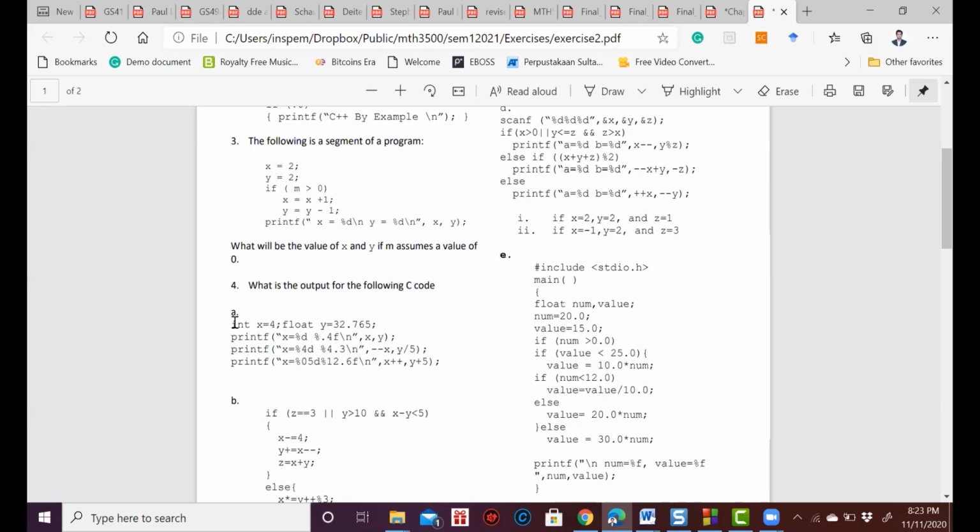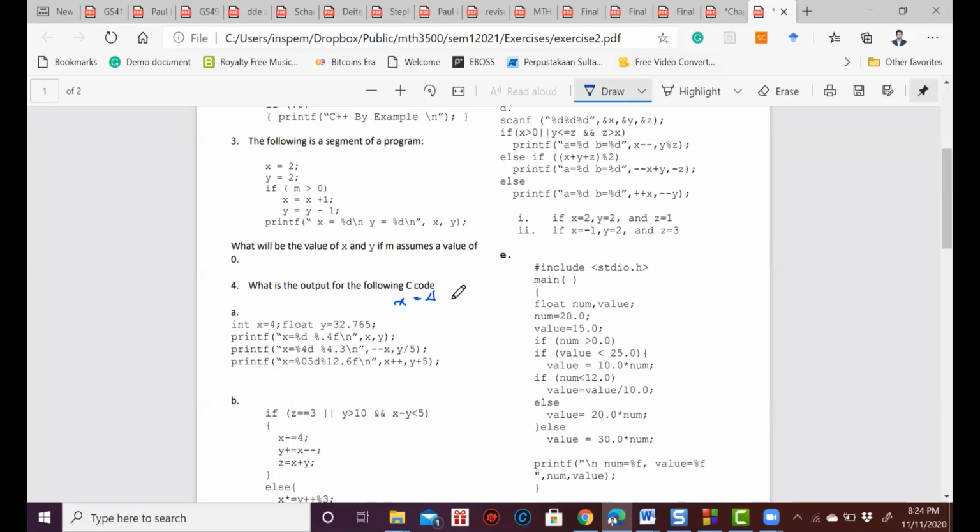Okay, number 4. Class, what is the output? x equal to 4. In the printf we have two values, right? x equal to this one, and then x and y.